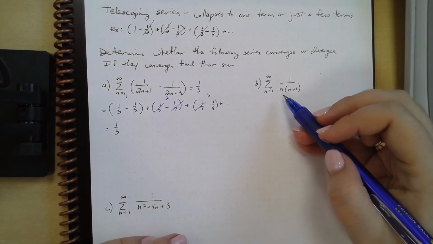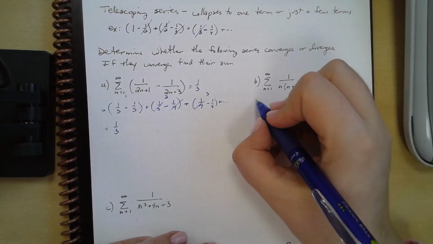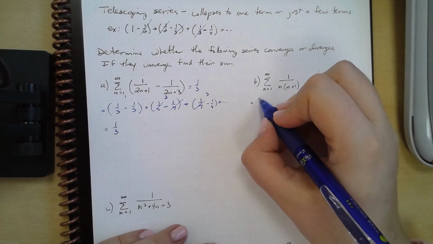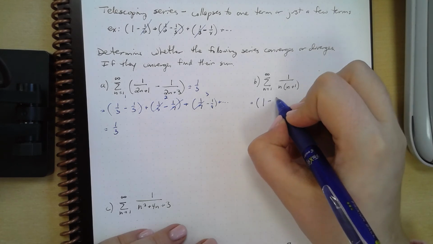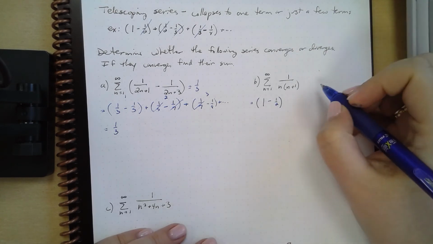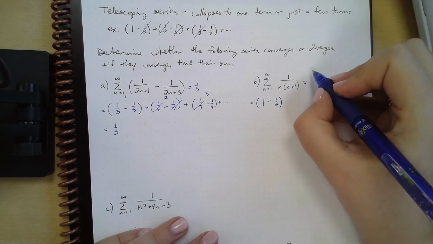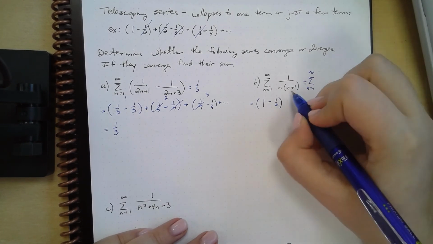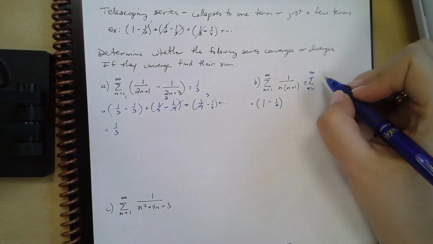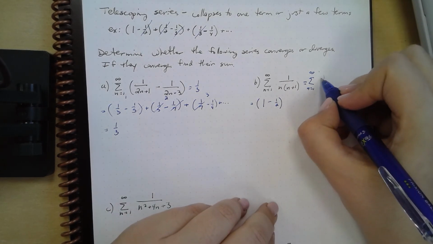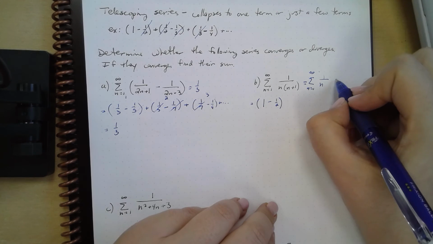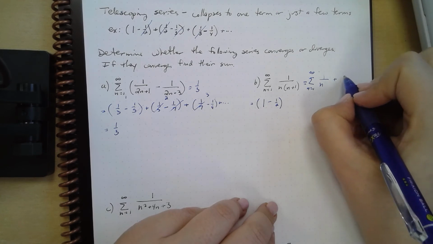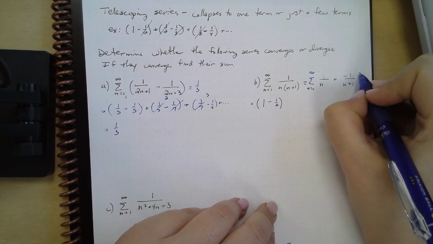All right, what about this one here? Well, if we write this out, we're going to end up having 1 minus 1/2, right? Because I could rewrite this, sorry, before I do that, as the sum from n equals 1 to infinity of, you would have to do your Heaviside partial fractions, but I'm just going to do it for you. 1 over n plus negative 1 over n plus 1, right?